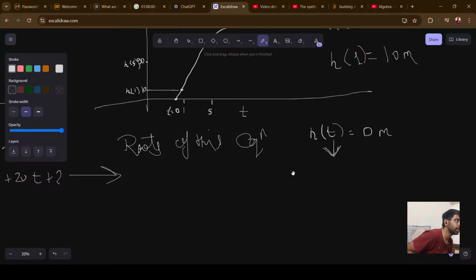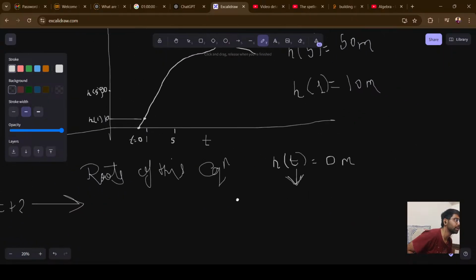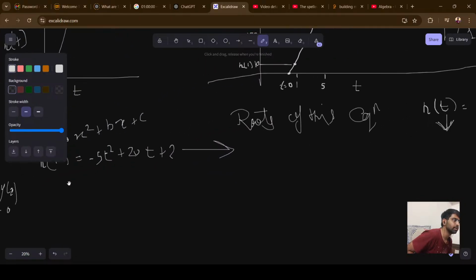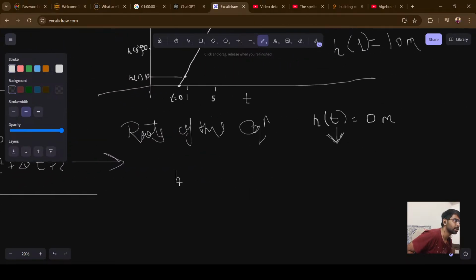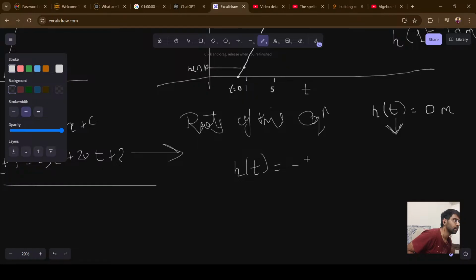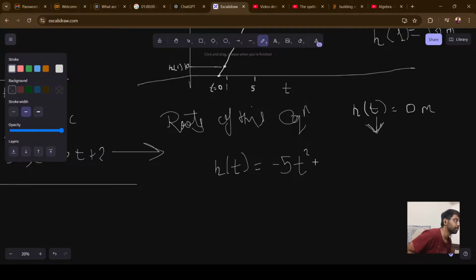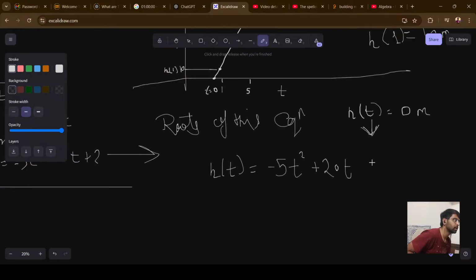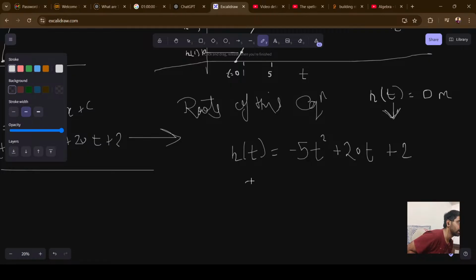So what we are going to do is take this equation h of t equals minus 5t square plus 20t plus 2, right? And we will be finding the roots of this.